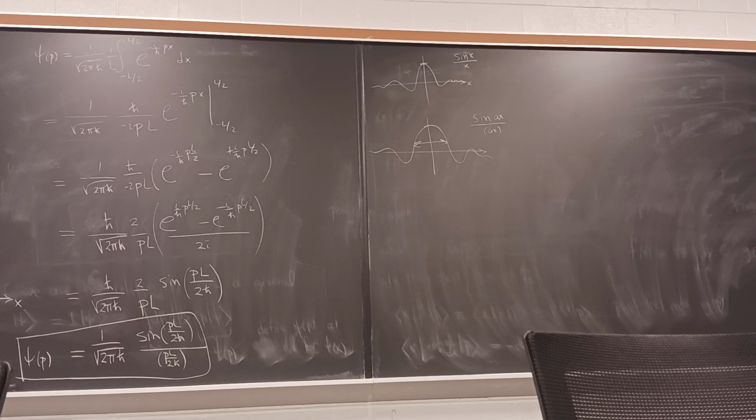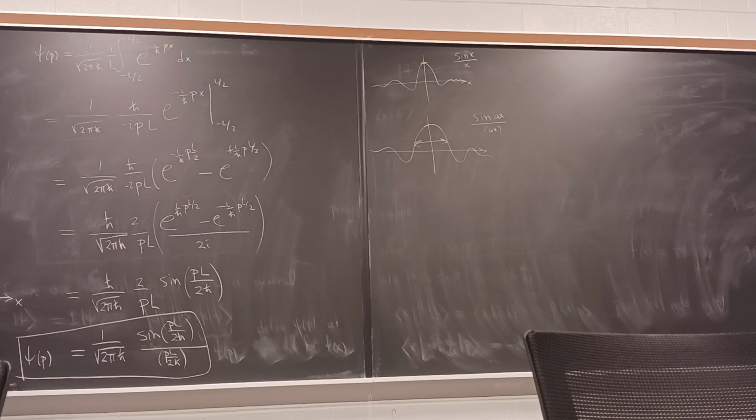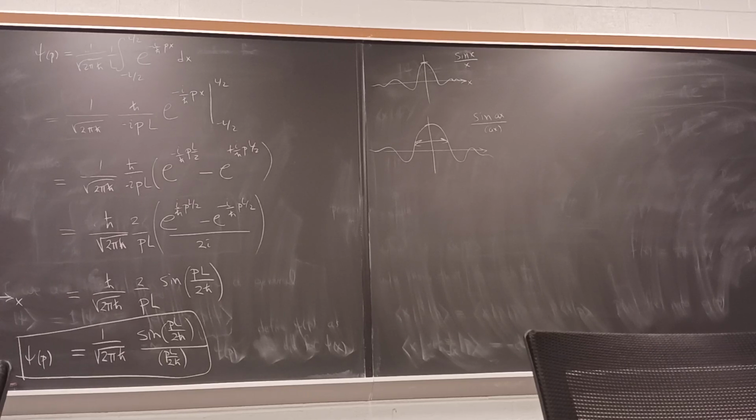So what happens if L is very large? Would that central hump just be wider?